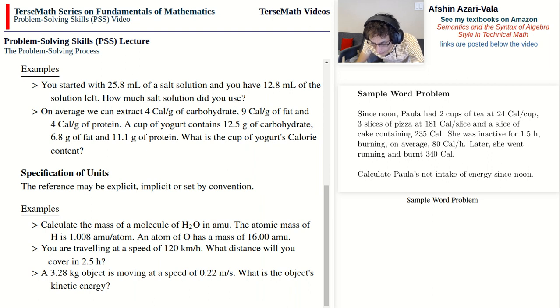Next problem, a 3.28 kilogram object is moving at a speed of 0.22 meters per second. What is the object's kinetic energy? Okay, so in this case, the unit that should be used in the computation of the quantity energy is set by convention.